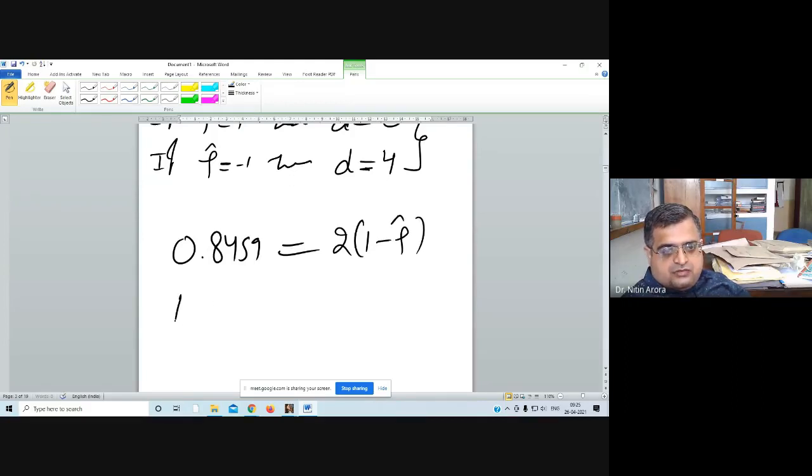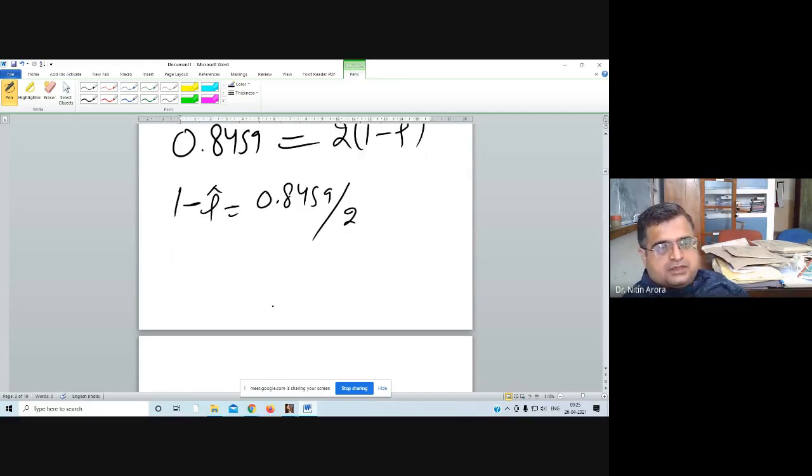So 1 minus rho cap is equal to 0.8459 divided by 2, so rho cap is equal to 1 minus 0.8459 divided by 2.